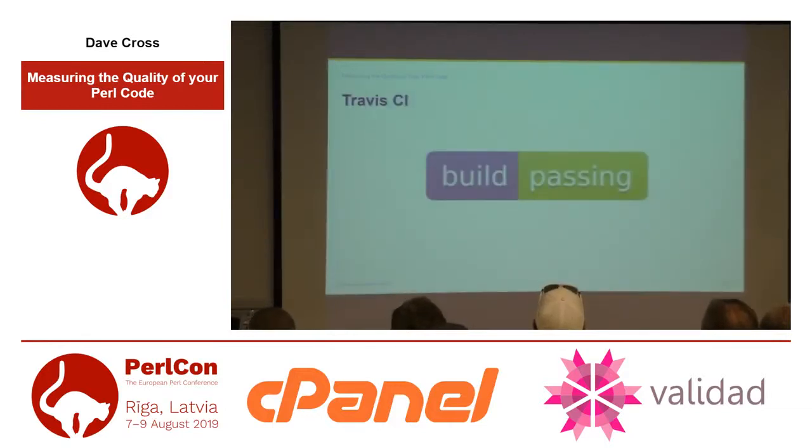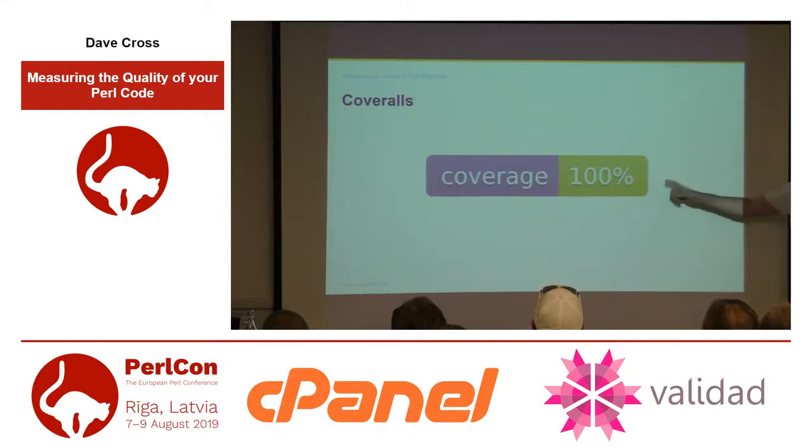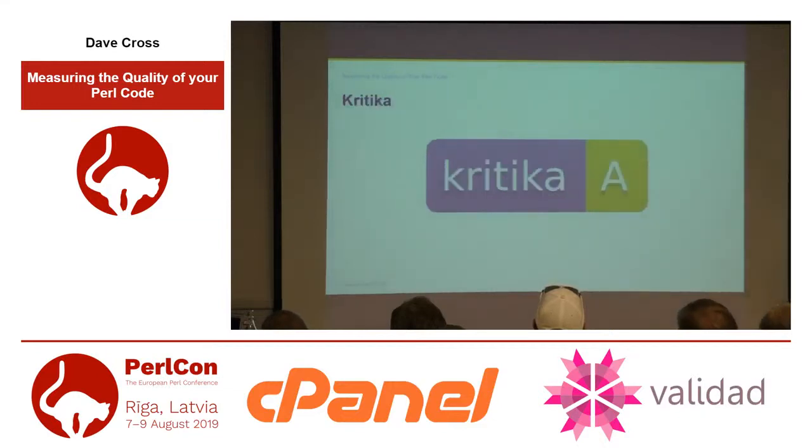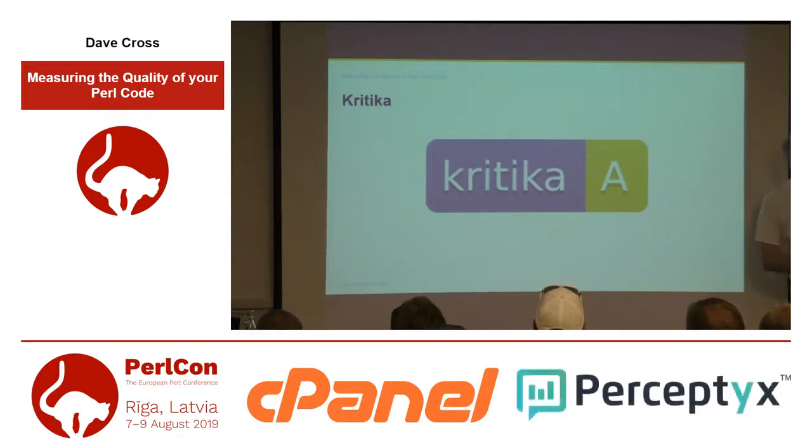So Travis CI will give you a build passing or build failing badge. Coveralls will give you the amount of your coverage in a badge, and the color of the background changes. Kritika will give you your mark in a badge.